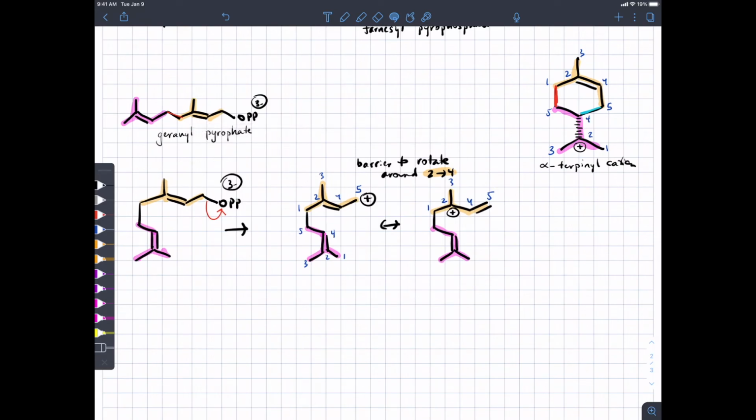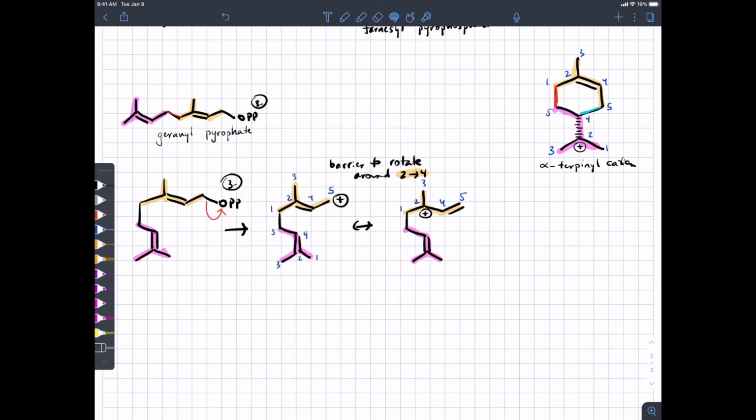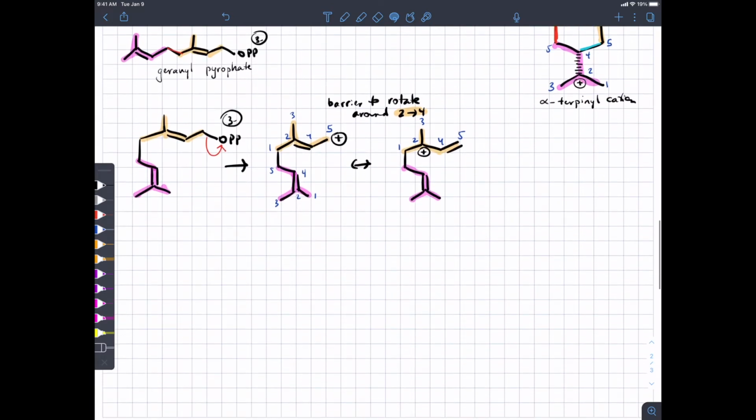But remember that the job of enzymes is to lower barriers or transition state energies to make the reaction faster. So what happens in the enzyme is that the pyrophosphate leaving group that just barely left will attack the positive charge, will attack the resonance structure at orange 2.